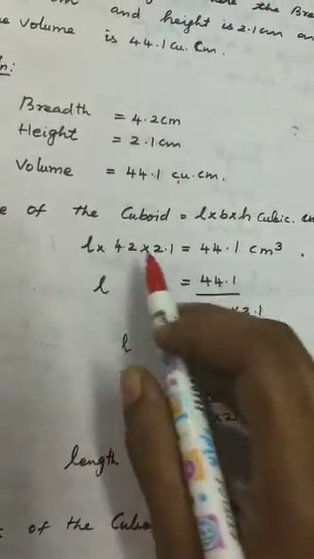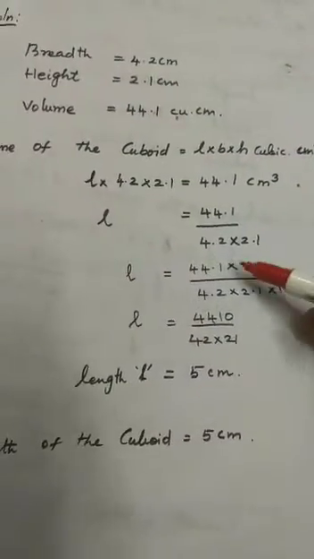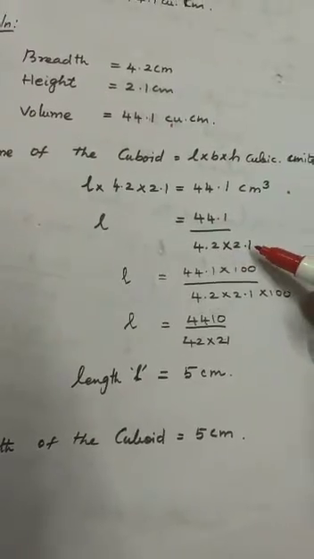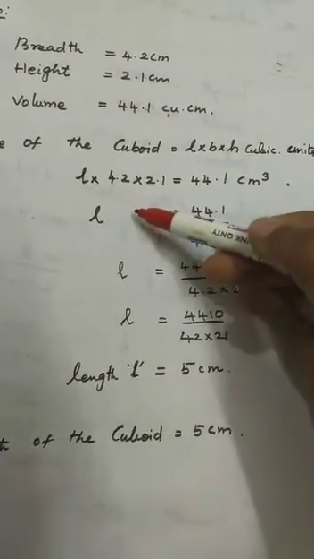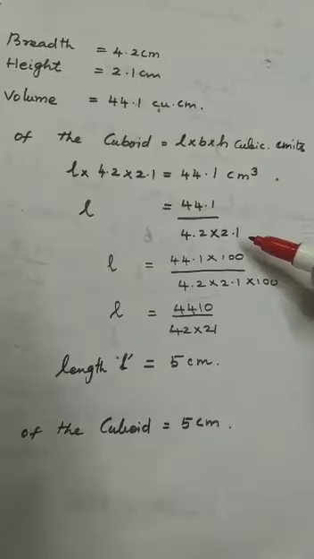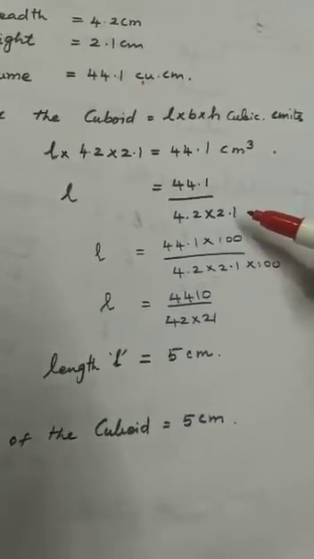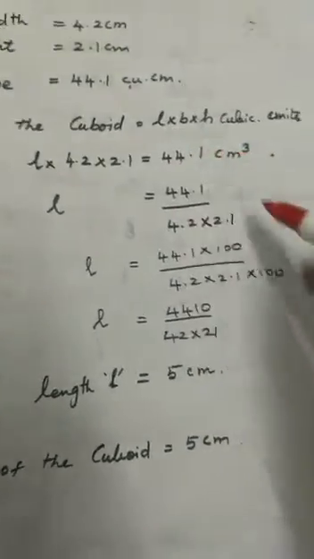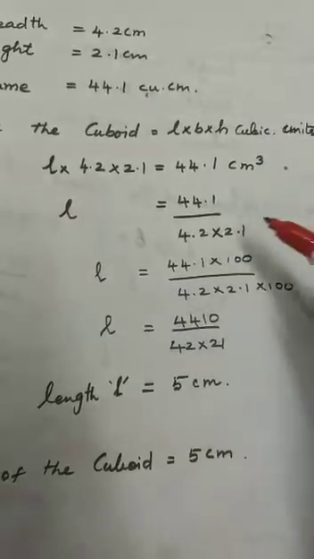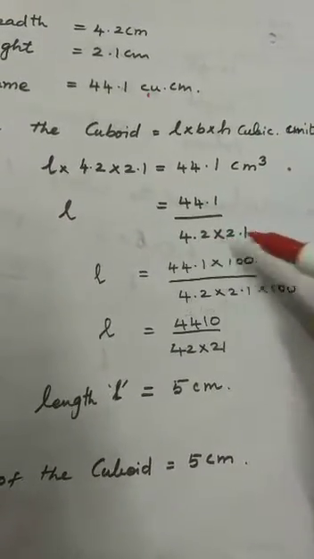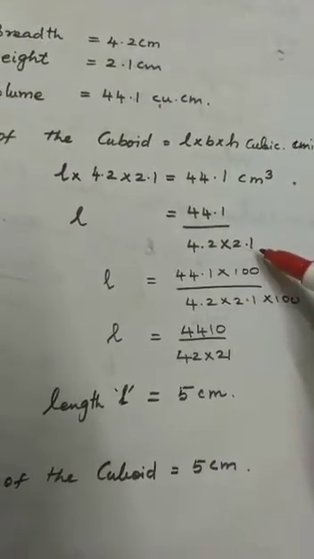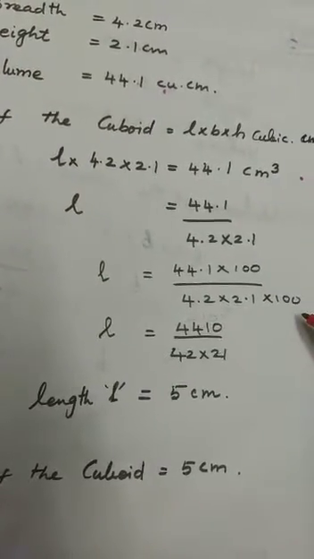So you bring these two that side. So it comes to the denominator. It is in numerator here. Here it comes to the denominator. Okay. Now we have to make this a whole number. For that you have to multiply this by 100. For 10 here, for 10 here. So here 100.